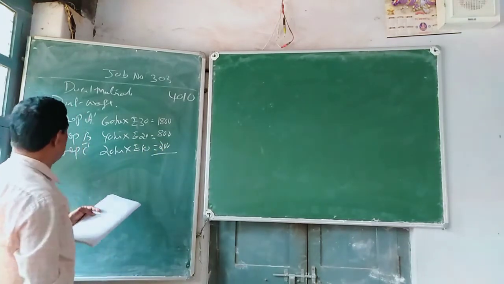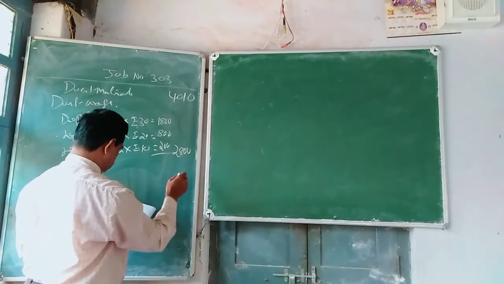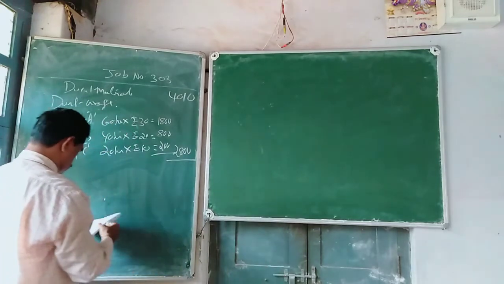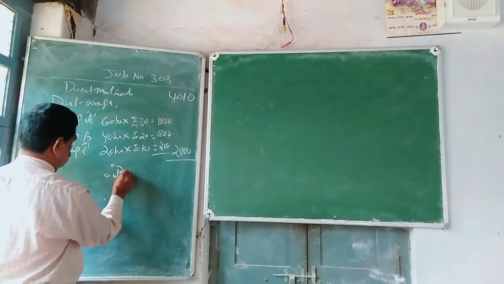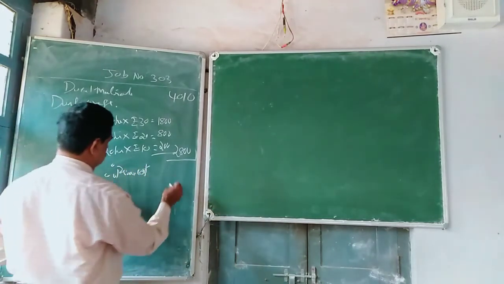So total wage 2800. So therefore prime cost, 6,810.